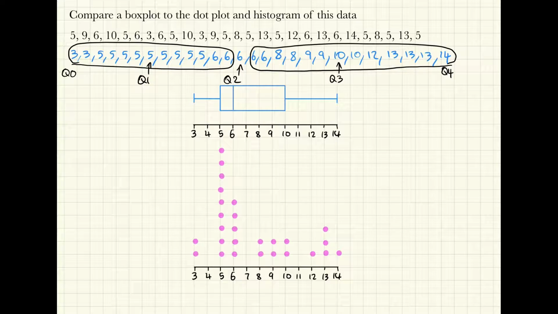Let's now go ahead and draw our histogram. The histogram, well, that is a type of bar graph, but the bars are connected together. Let's go ahead and draw that. Now I need a bit more space, so what I'll do is I'll move my dot plot to the left. Give me a moment.